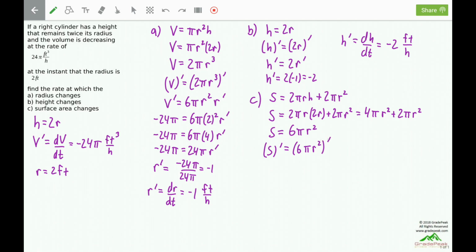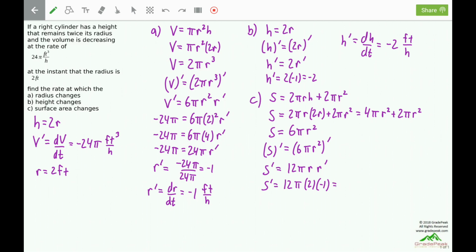Every variable is implicit with time, so the derivative of the left will be 1, but then times s prime. The derivative of the right will start as a power rule, bring down the 2, multiply it with the 6 pi to give us 12 pi, subtract 1 from the power, and then multiply by the derivative of the inside to complete the chain rule. We can now plug our numbers in, so that s prime will become 12 pi times r, which is 2, times r prime, which we found in part A to be negative 1.